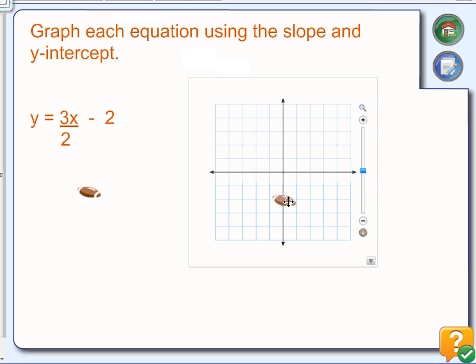So I'm going to go 1, 2, 3, run 1, 2. All right, and then I'm going to go the opposite way. I'm going to go down 1, 2, 3, and over 1. All right, and then I'm going to graph my line. My line's a little off.